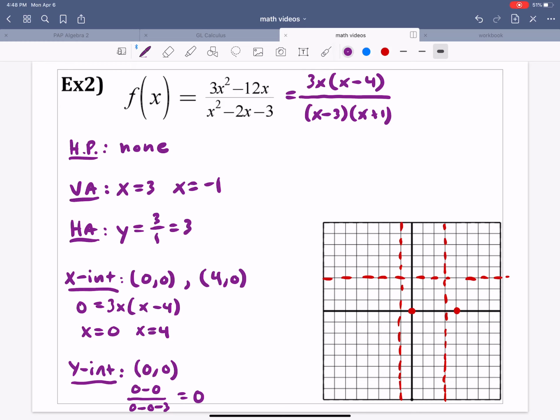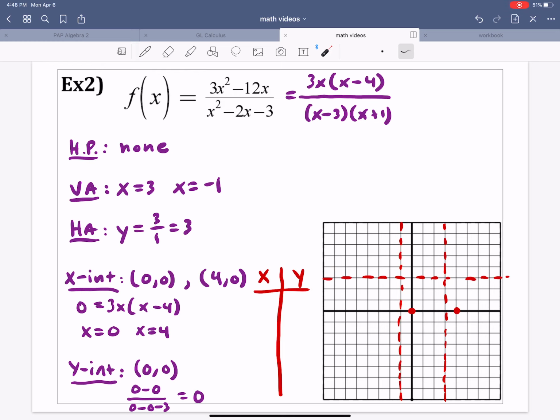Okay, now we've got some serious work to do with the table here, okay? So I'm going to try to squeeze my table in right here. So here we go. On this table, we are going to pick some x values strategically to figure out what is happening in this part of the graph. Okay, let's start with that one. Let's pick an x value that's close to this asymptote.